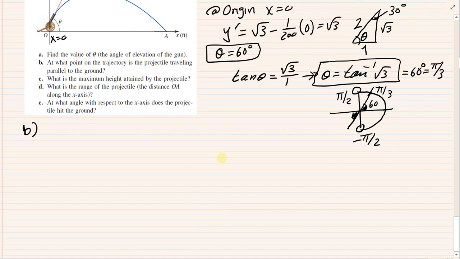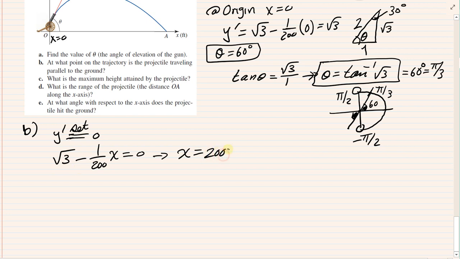So for part B, we're going to set y prime equal to 0. And remember, we found y prime earlier. That was root 3 minus 1 over 200 x. We're going to set it equal to 0. Add square root of 3 to both sides and multiply by 200.